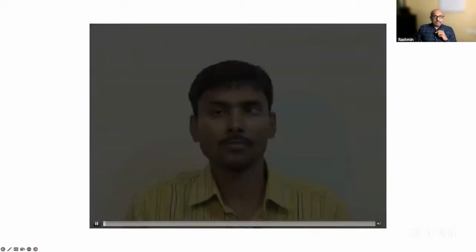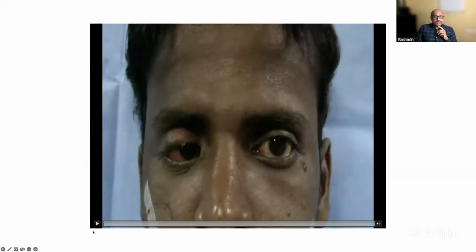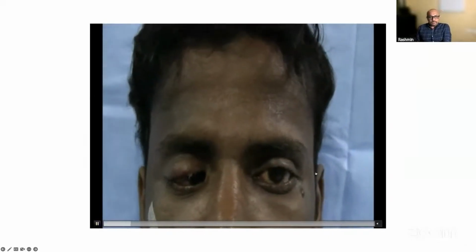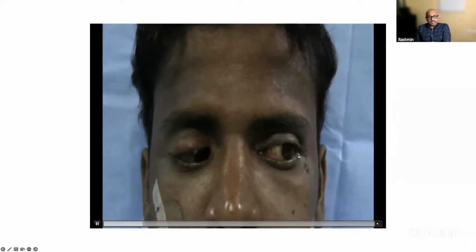Now let's look at patient number two, and then we'll differentiate and see how corneal reflex would have helped. Here again, the right eye had a gold weight implant. Now let's look at the ocular motility. Looking to the left, the left gaze is fine.